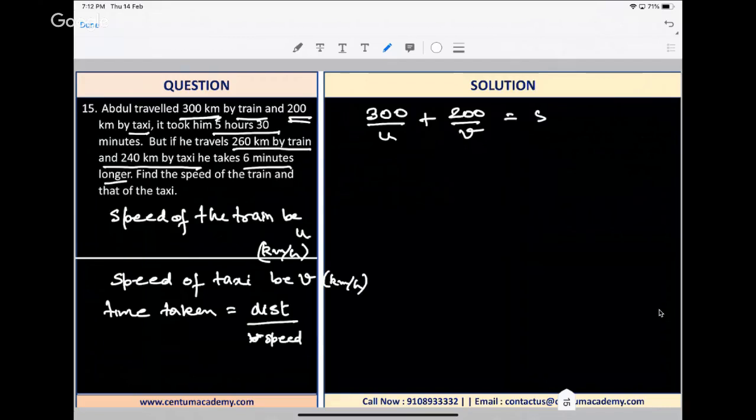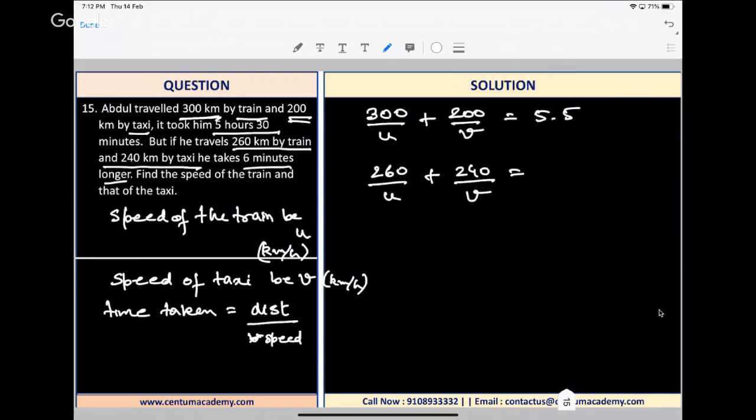That means it is 5.5 hours, right? But he travels 260 kilometers by train and 240 kilometers by taxi. So 260 by u plus 240 by v. They are saying 6 minutes longer.